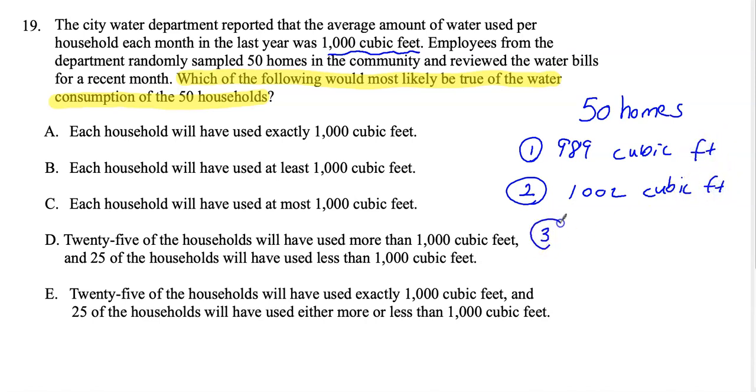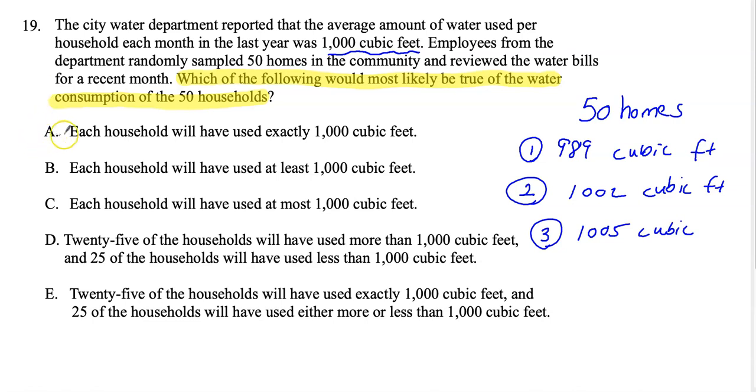And the third home might use 1,005 cubic feet of water. It's not likely that you'll have many that are exactly 1,000 cubic feet. The average of the 50 homes will be 1,000 cubic feet. So based on that, let's see if we can figure out the answer to this.